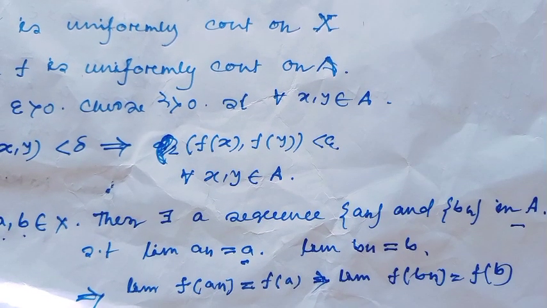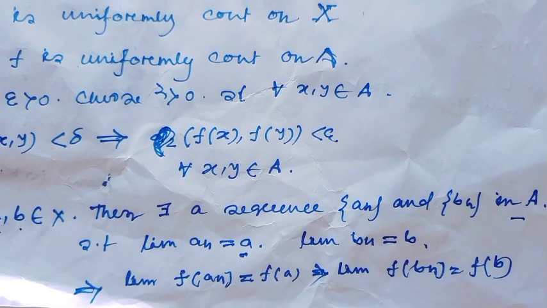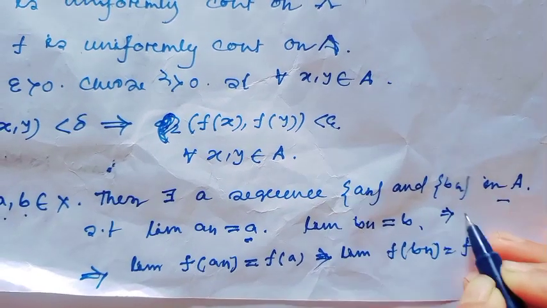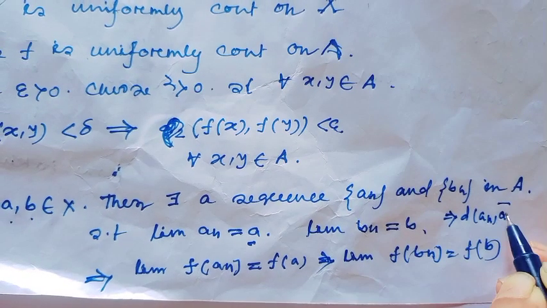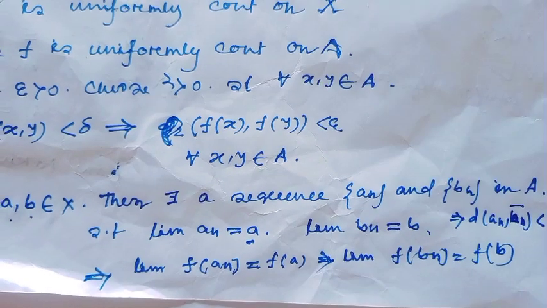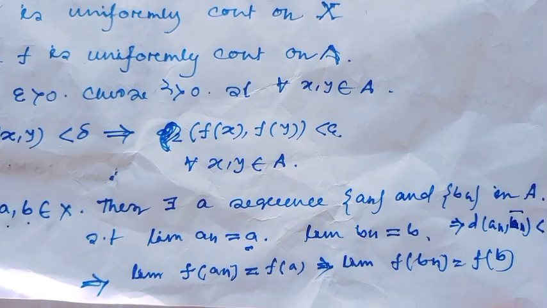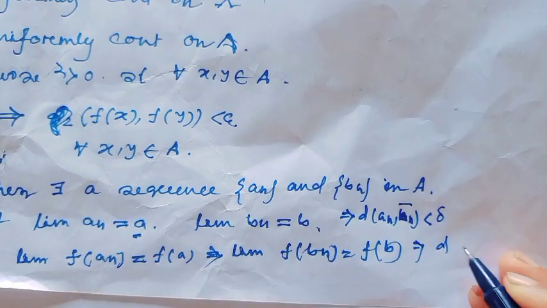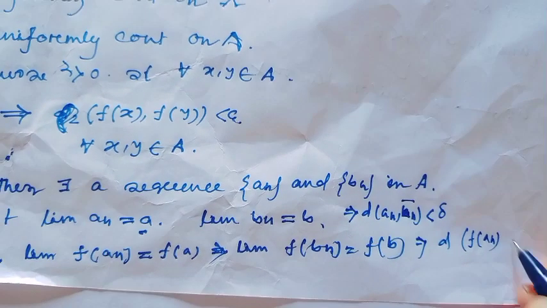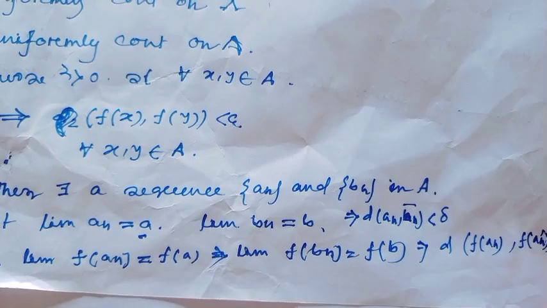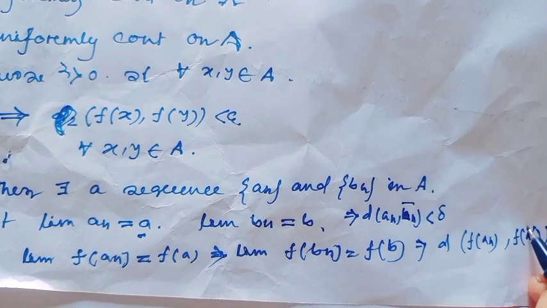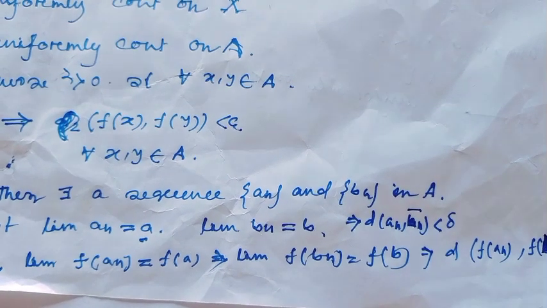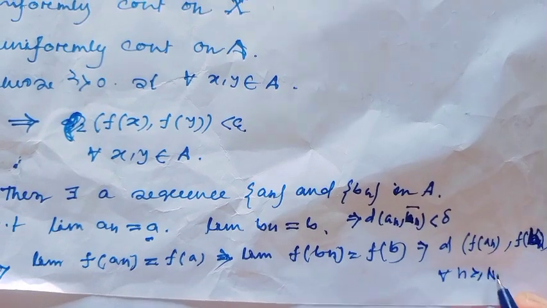And since limit of an equals a and limit of bn equals b, the distance between an and bn is less than delta. That implies the distance between f of an and f of bn is less than epsilon, and this is true for all n greater than or equal to capital N.